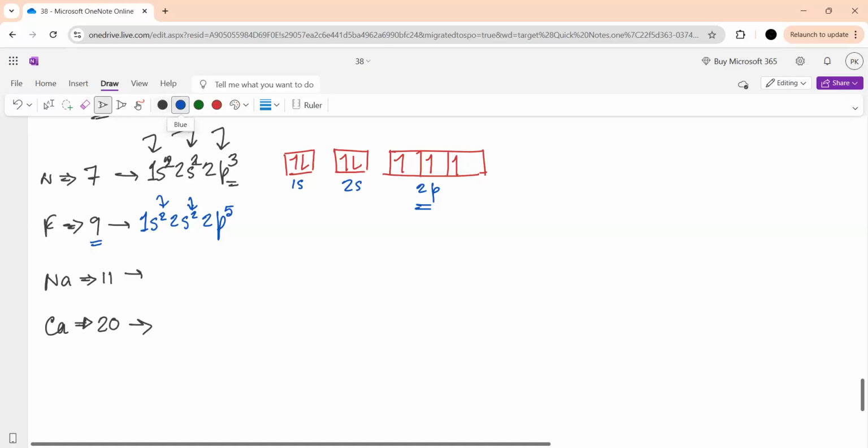Before going to sodium, do these two first. First, do oxygen, which is 8, and do neon, which is 10. Let me know once you are done with oxygen and neon.